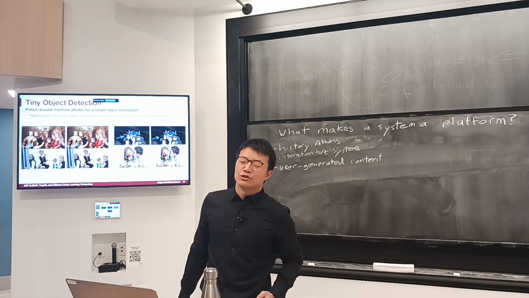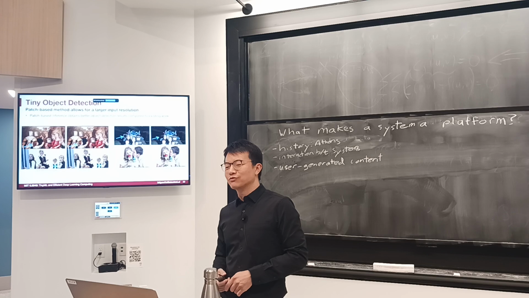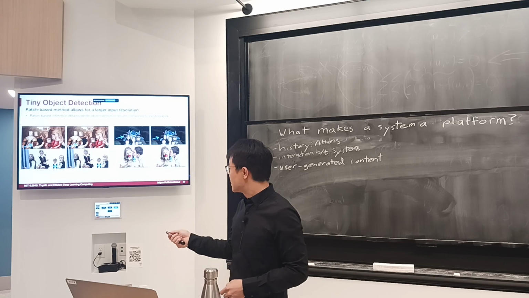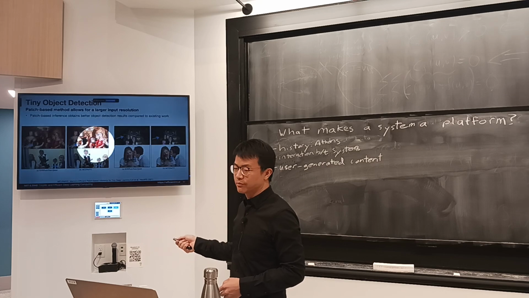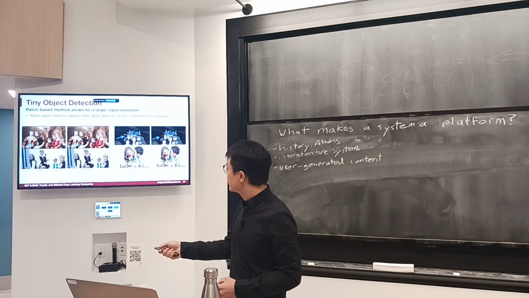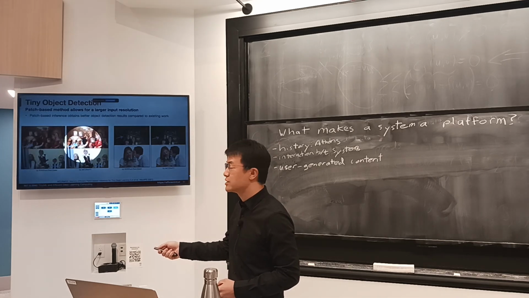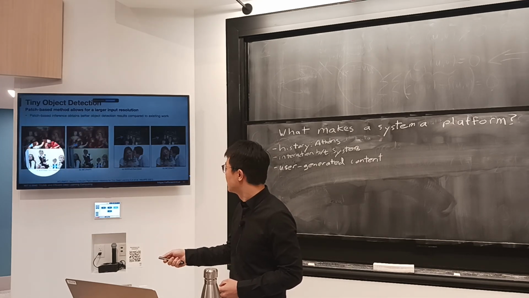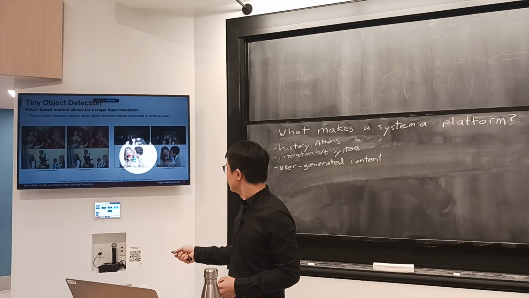And what is the advantage of using such patch-based inference? This is without using patch-based inference. This is with patch-based inference. You can see this boy was missing from the detection, but using patch-based inference he can be detected. And here there's a misprediction on the hand, but there is no misprediction here.